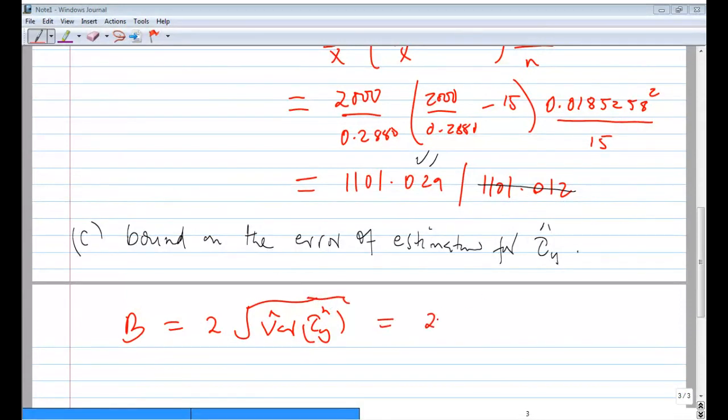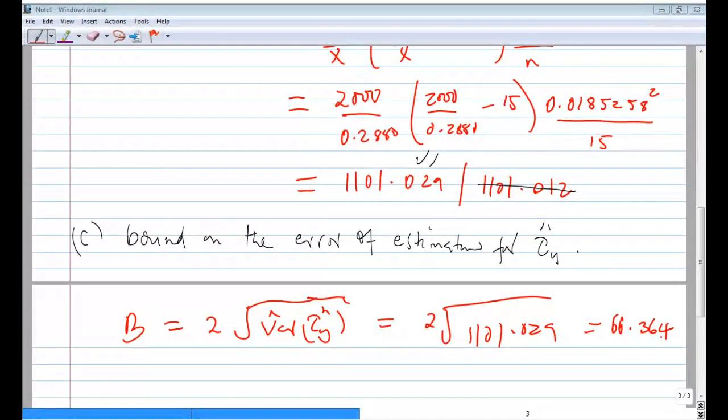So it's the matter of substituting what? 1101.029. What is the answer? 66.364. Okay. That is a bound.